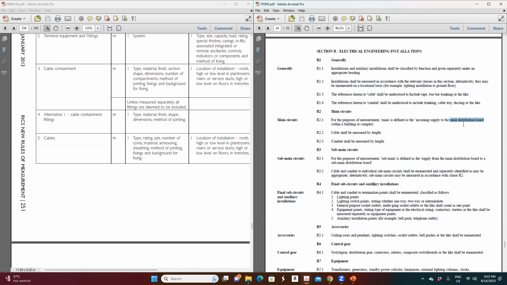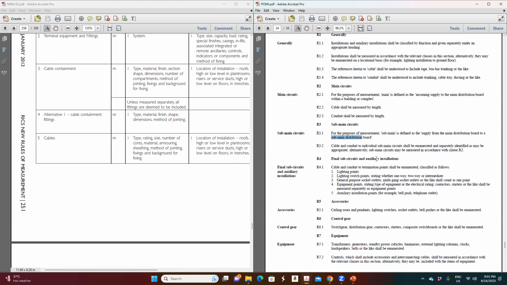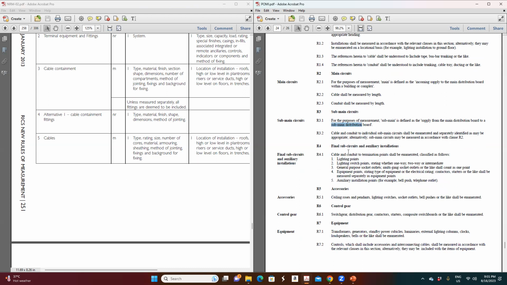And again, this is the sub main distribution board, SMDB. And again, it leads to other final circuits and also auxiliaries and insulation. This is switches, light points, and DBs. So if you're reading a bill of quantities, this is MDB, SMDB, and this is switches, DBs, and lightings.